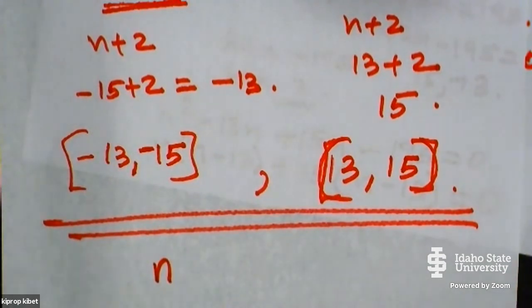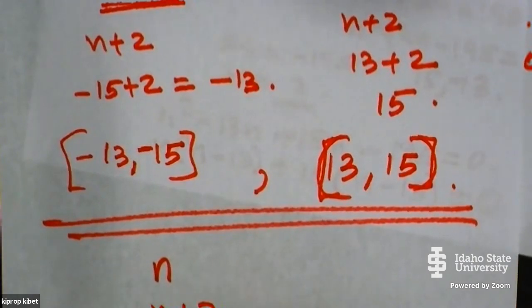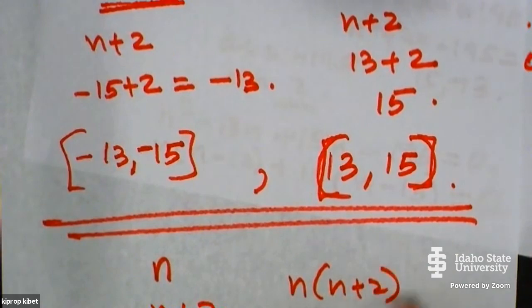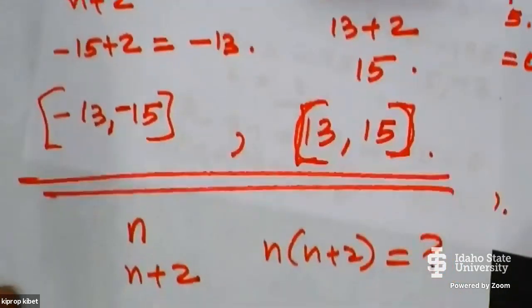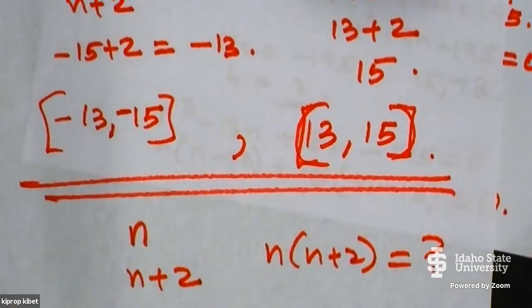And then the second number will be what? So if the least even number is 2, right? So the next one will be 4. So what do you do to 2? You add 2. So that means the next one is what? N plus 2. So the same equation. So it will be n times n plus 2 equals to what you're given, the product. So you look for the values of n. So using the same steps.